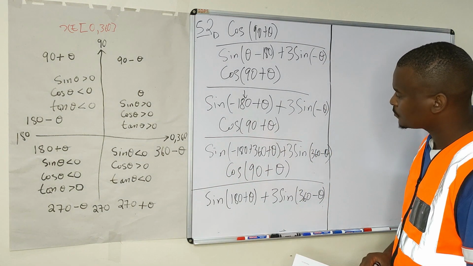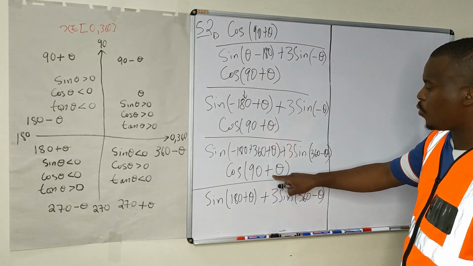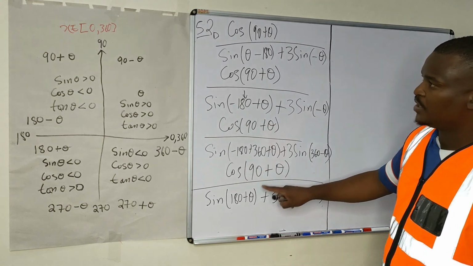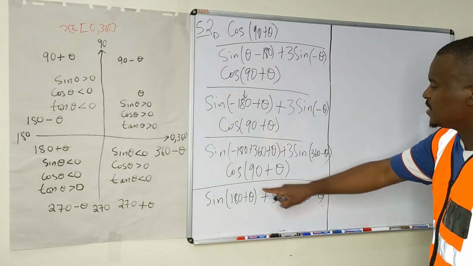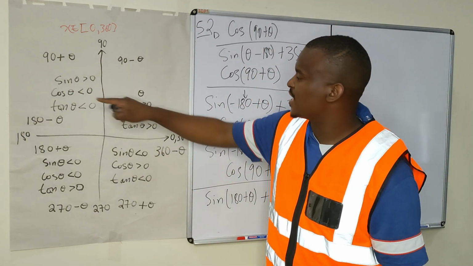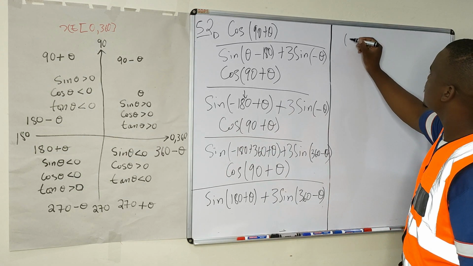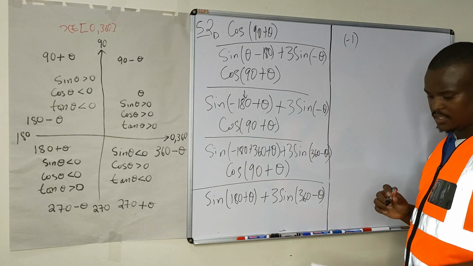So now, ask yourself, where is 90 plus theta? It's in the second quadrant, right? Good, we found it. What is the sign of cos? Cos is negative. What do you do? Put a negative sign, right?